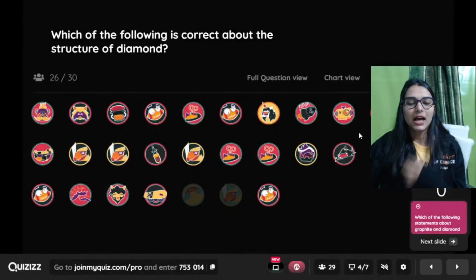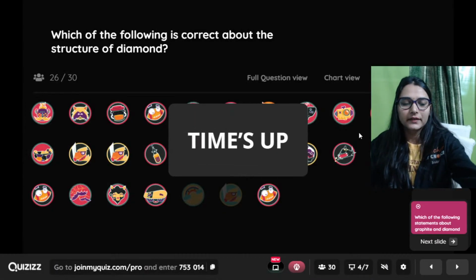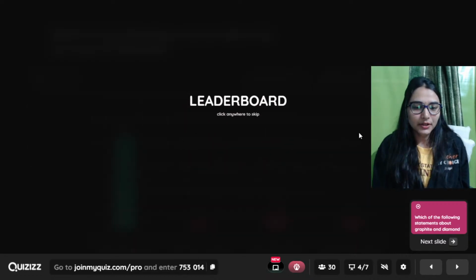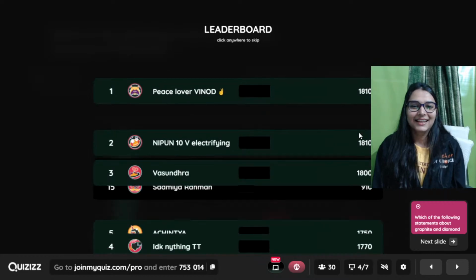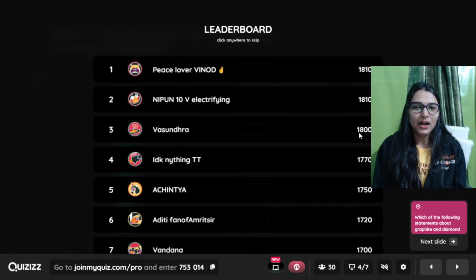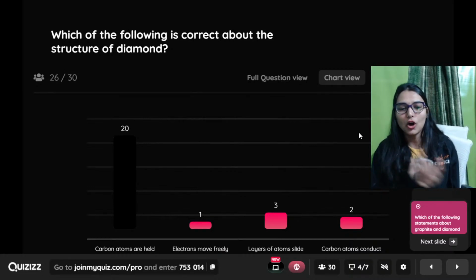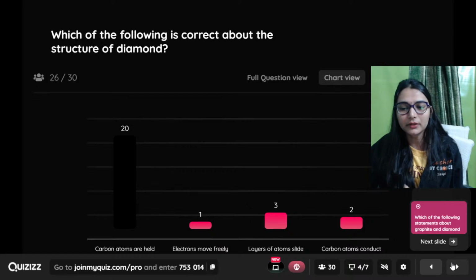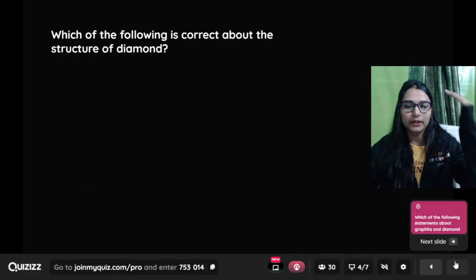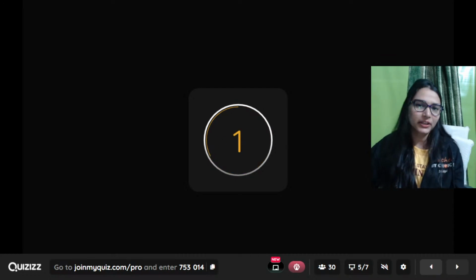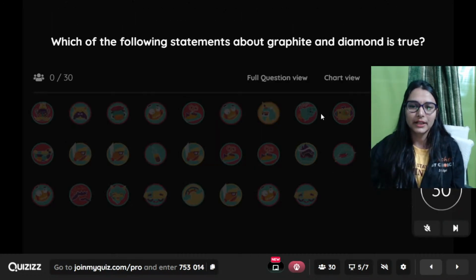Very good. Over the leaderboards, Vinod is on the top now, then Nipun and Vasundhara, top 3 students. Keep it up, guys. Amazing. Option number A was right. I have told you, each carbon is covalently bonded to 4 other carbon atoms, and it does not conduct electricity because there is no free electron, so it's an insulator.